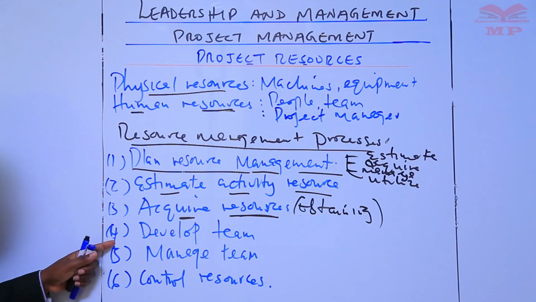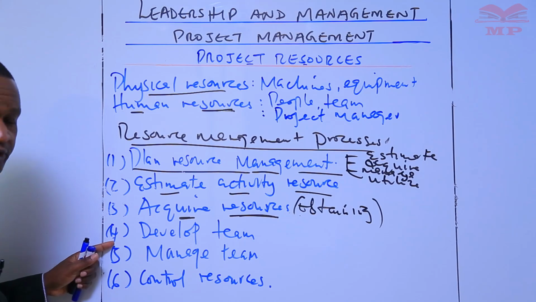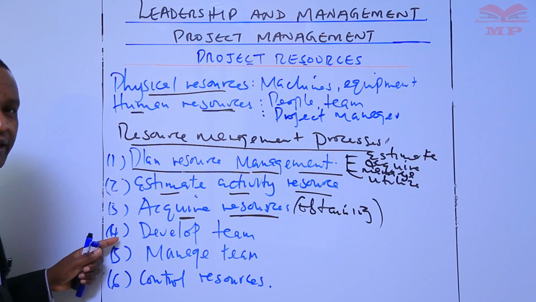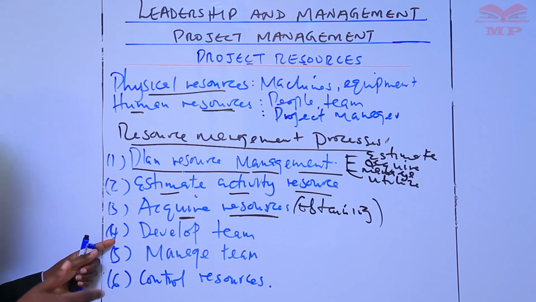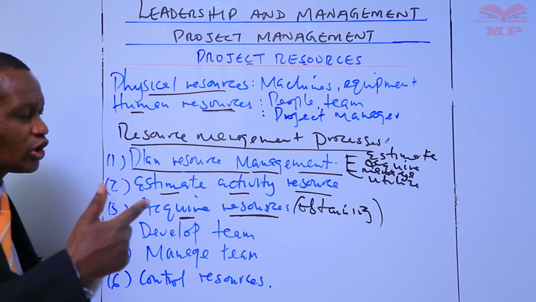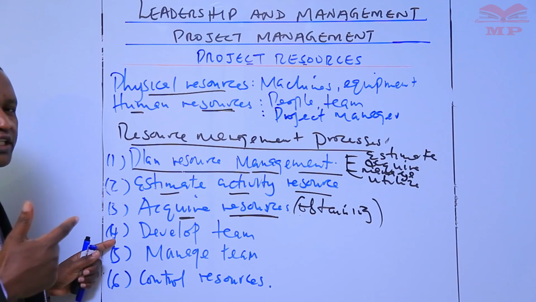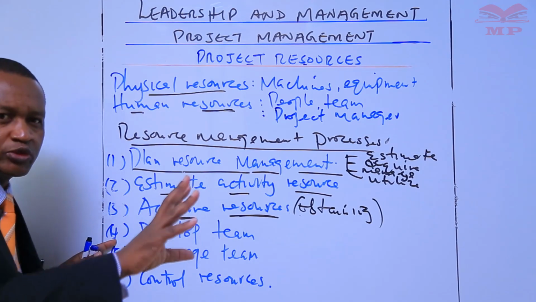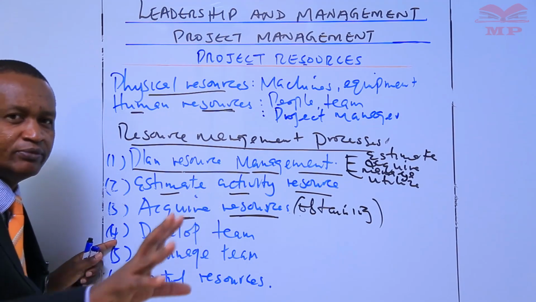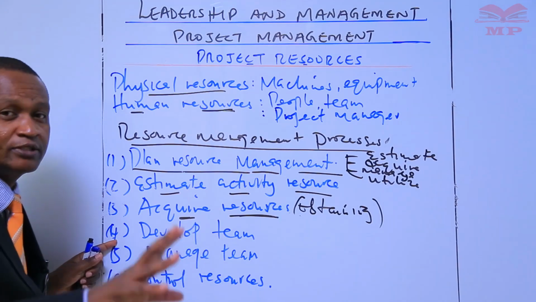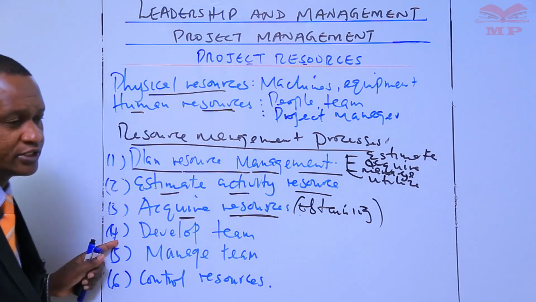Candidates, the next project resource management process is developing the team, developing the project team. Now, developing the project team is the process of improving competencies, improving team member interaction and the overall team environment to enhance project performance.